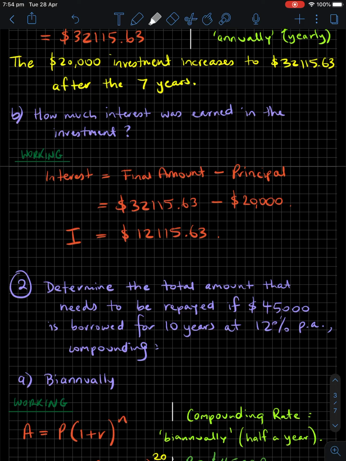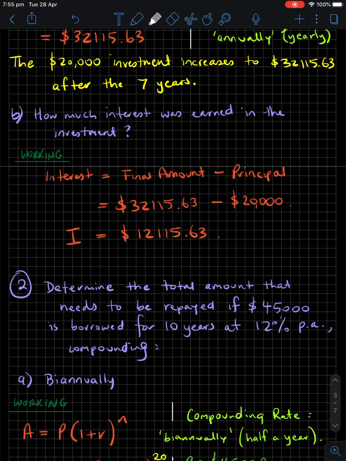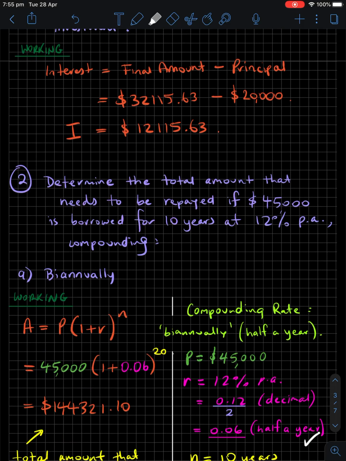By how much? So you find the difference between them. So that was our final amount, that was our original amount. So the difference between those is roughly $12,000. So that's all interest that has been accumulated by this investment. So it's an easy $12,000 over 7 years. Not bad. I would definitely take that sort of money.